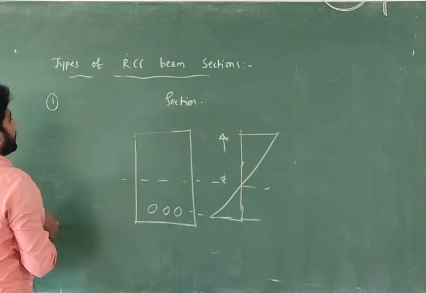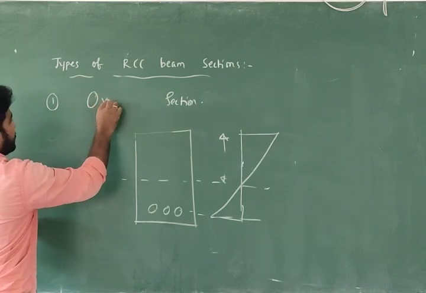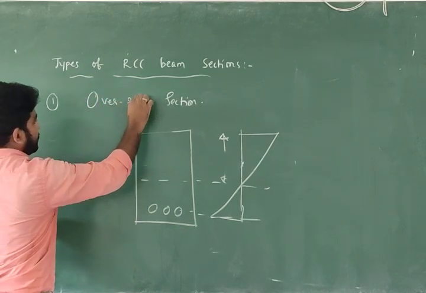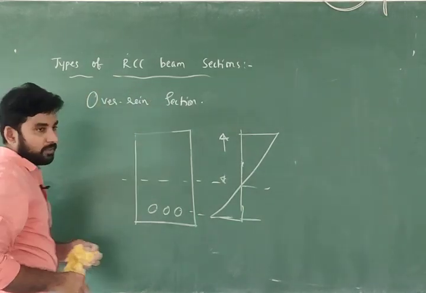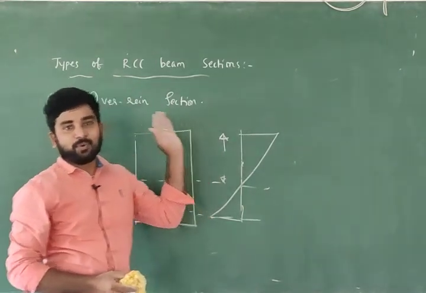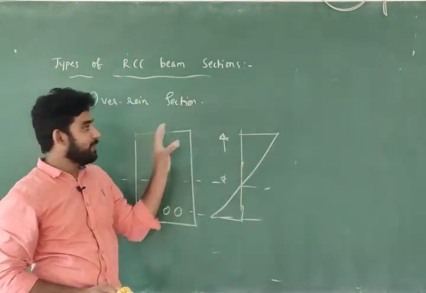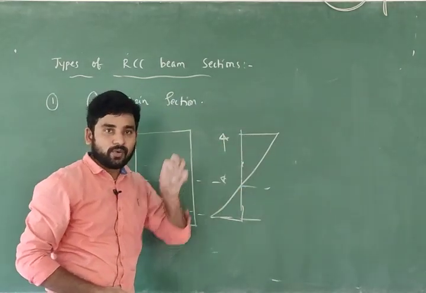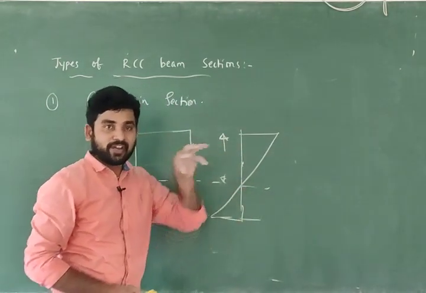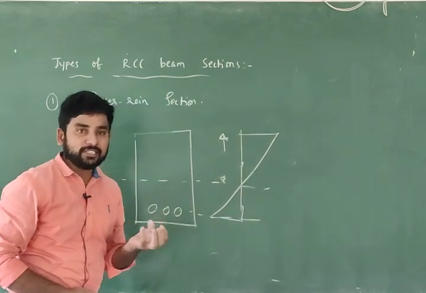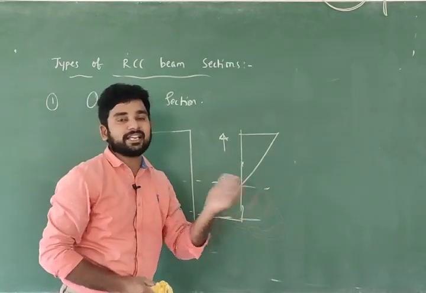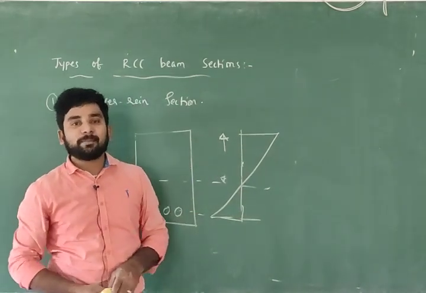So the next one is the over reinforced section. Same, the name itself says over reinforced. Over reinforced means you are providing more than the required amount of steel, then what happens?